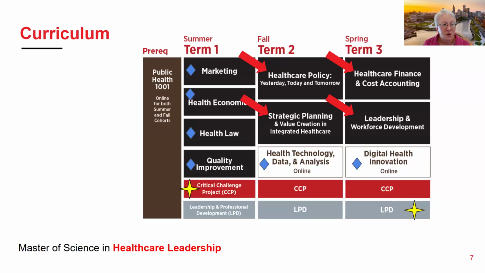But I want to focus also on our leadership and professional development curriculum that is also running throughout the program and provides you with individual leadership development as opposed to the organizational leadership course. The leadership and professional development course is really focused on your individual development.